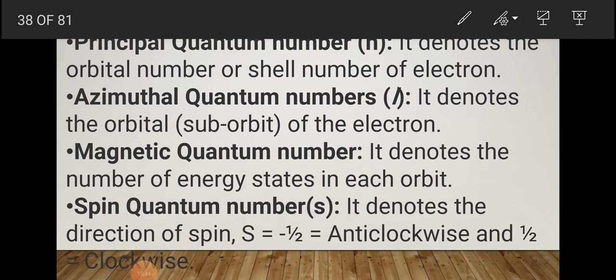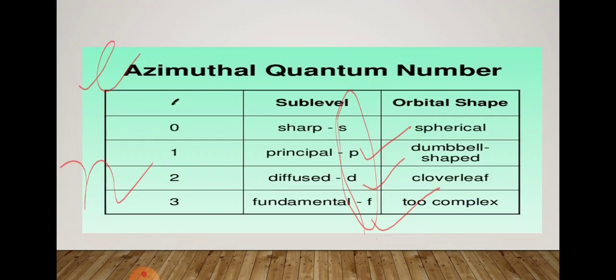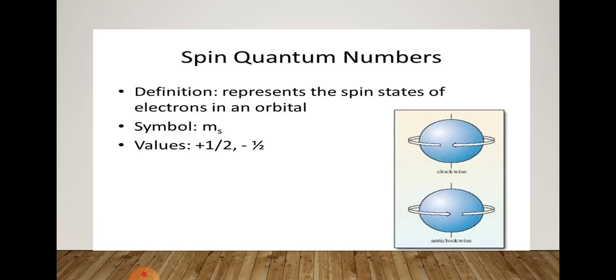Now the last quantum number, that is spin quantum number. It denotes the direction of spin. S positive half is clockwise, and S negative half is anti-clockwise. It represents the spin states of electrons in an orbital.